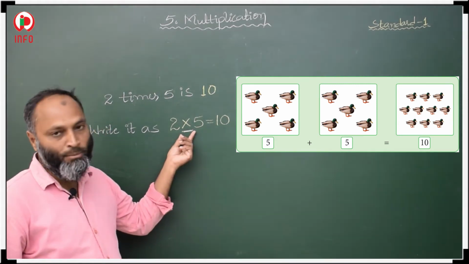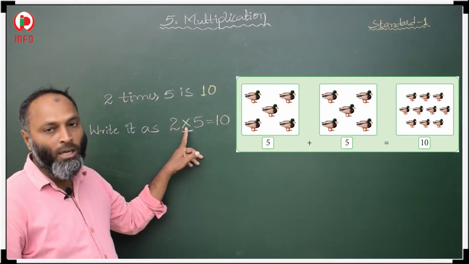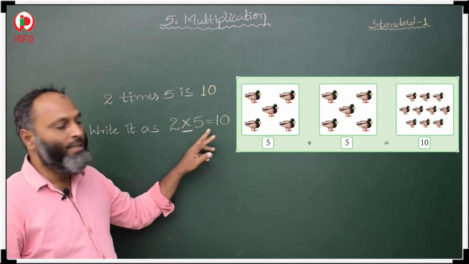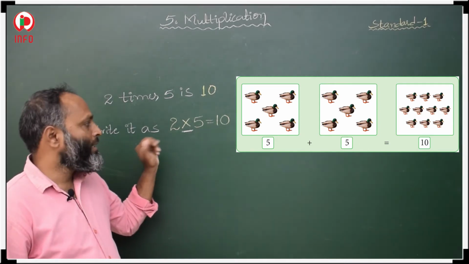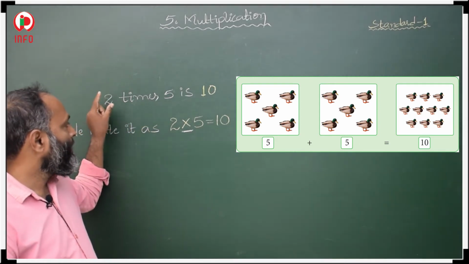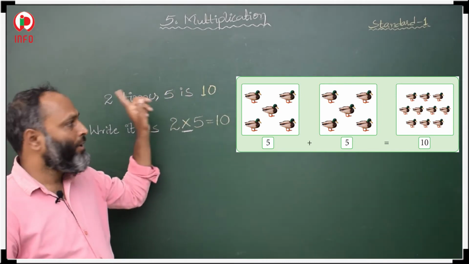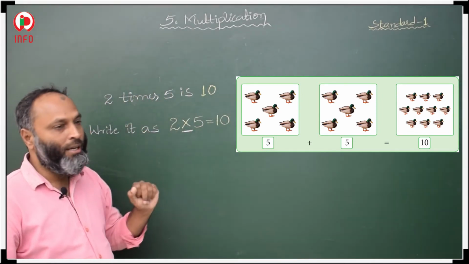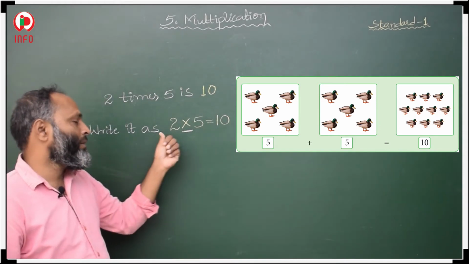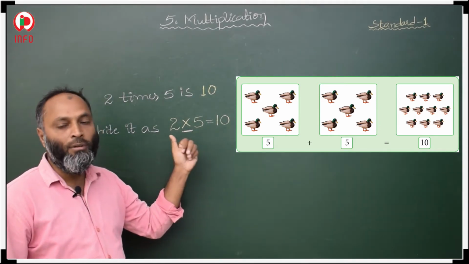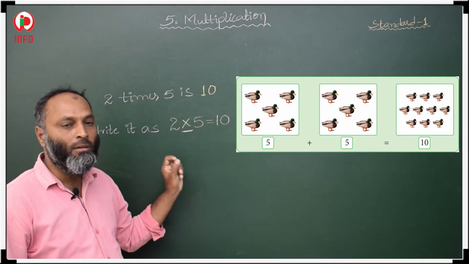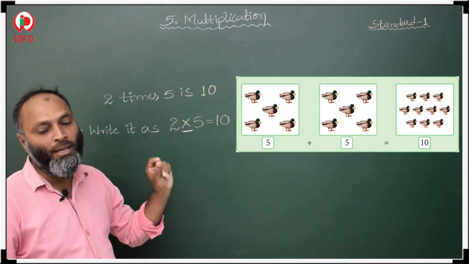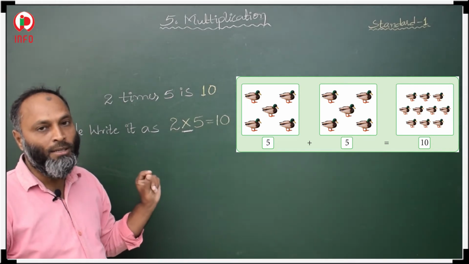Using this symbol. 2 into 5, how do we read it? 2 into 5 is equal to 10. 2 times 5 ducks gives a total of 10 ducks, and mathematically 2 into 5 is equal to 10. This cross symbol represents multiplication.